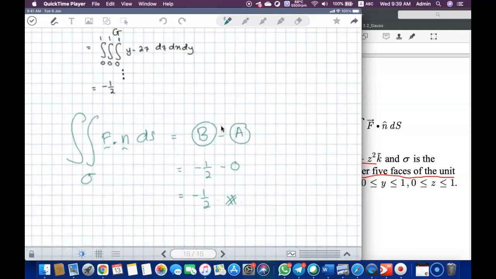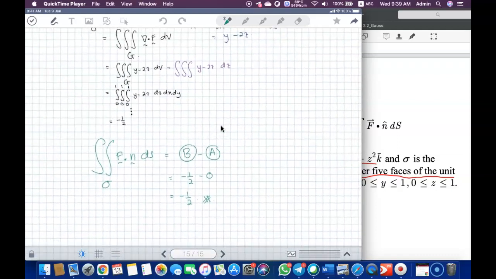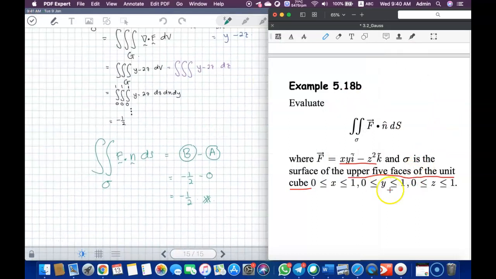Okay, so this is the result of the surface integral for the upper 5 faces of the unit cube. And you can see they give you the value of x, y, and z.